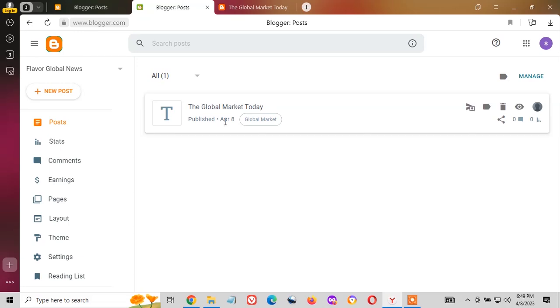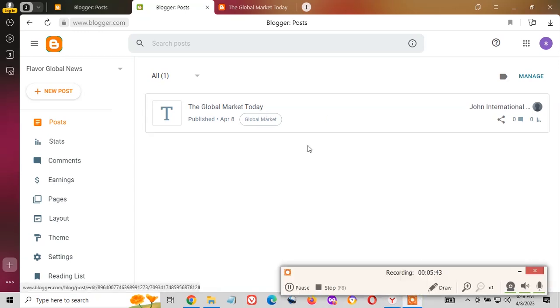Remember, we are creating this for us to get views from people. We don't want to create a graveyard website where nobody comes for any information. We want to create an informative website that people can come and learn and get updated on what they should know about the global market. That's the essence of creating our website.